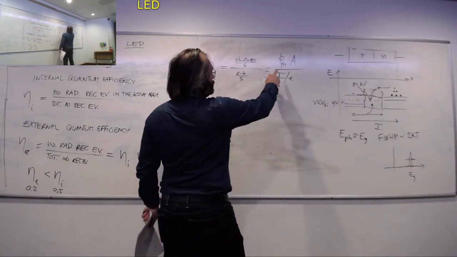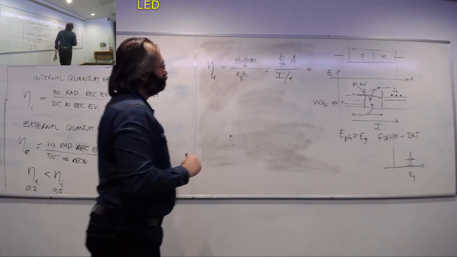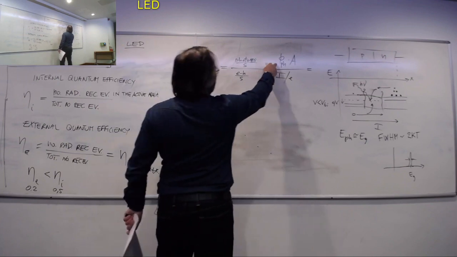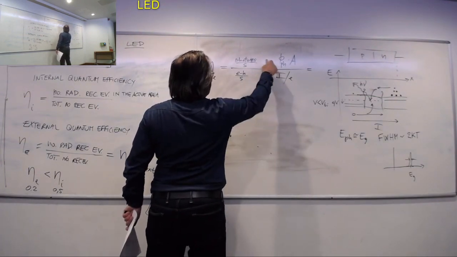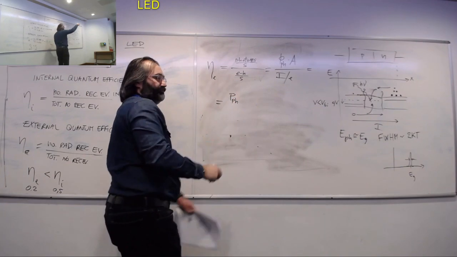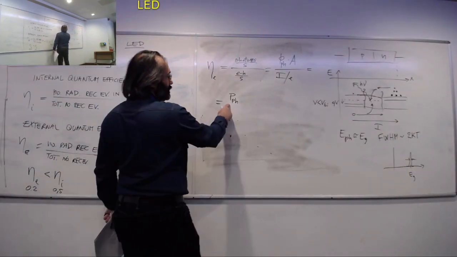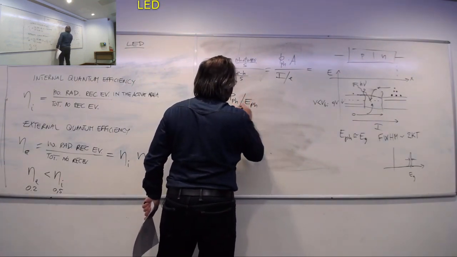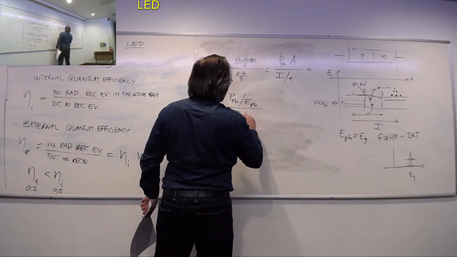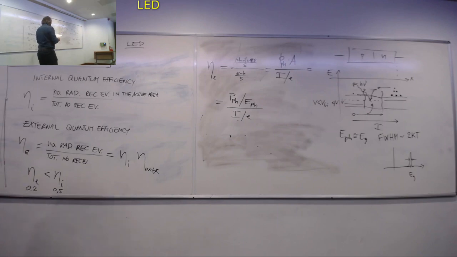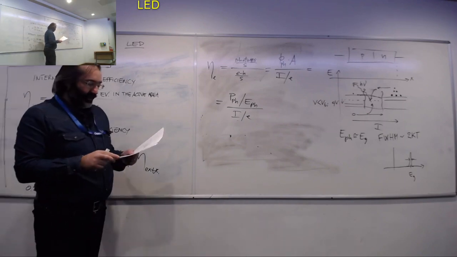And based on the definition of these light-related quantities, we can also write this numerator as the power of the beam being emitted, in watts, divided by the energy of the photons being emitted, divided by I over E. So this is a nice compact formula that we come up with.